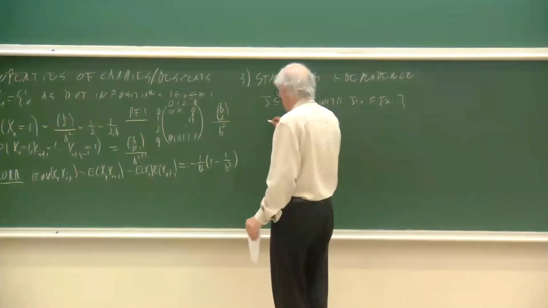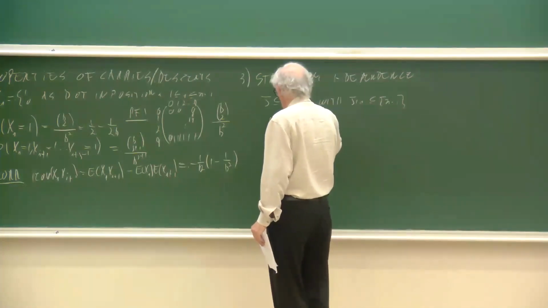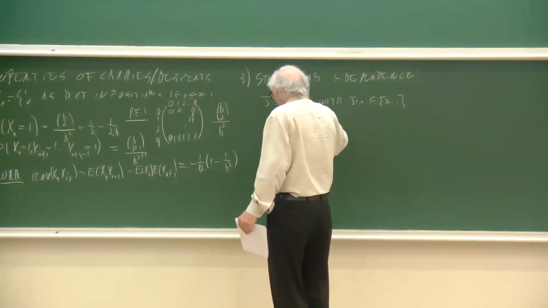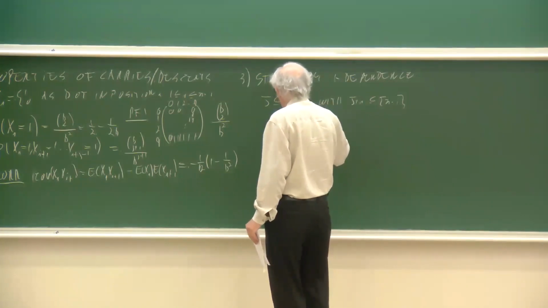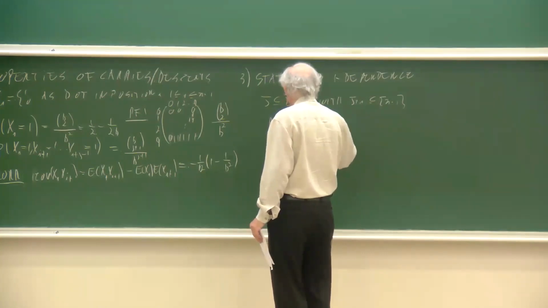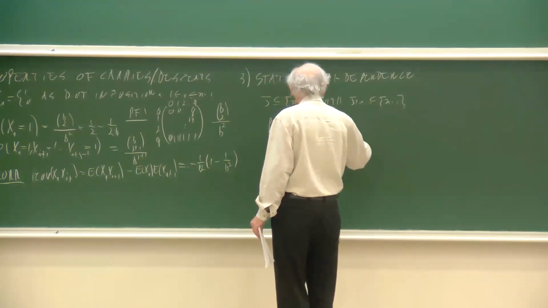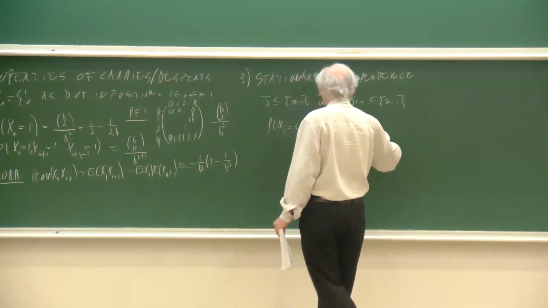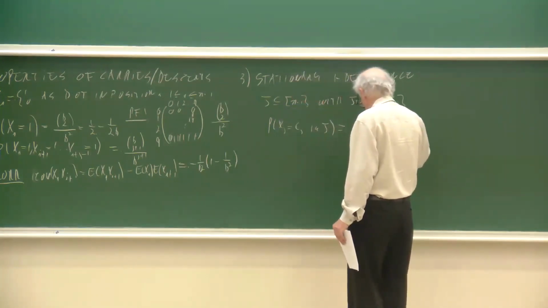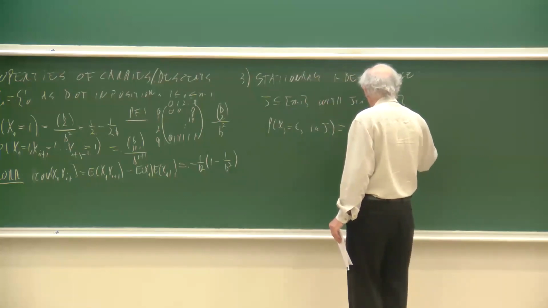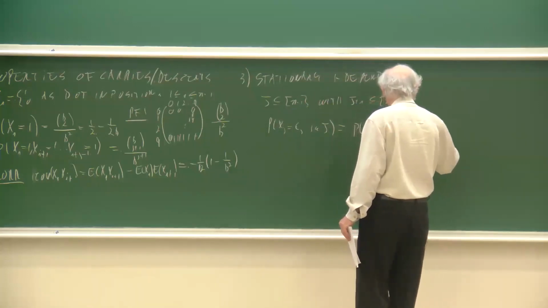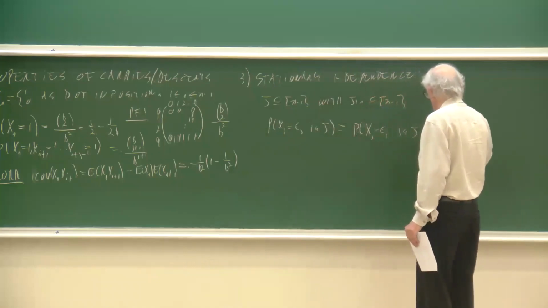Then the chance that x_j is equal to epsilon_j for j contained in J is equal to the chance, I'll explain this, that x_j is equal to epsilon_j for j contained in the set shifted over by i.